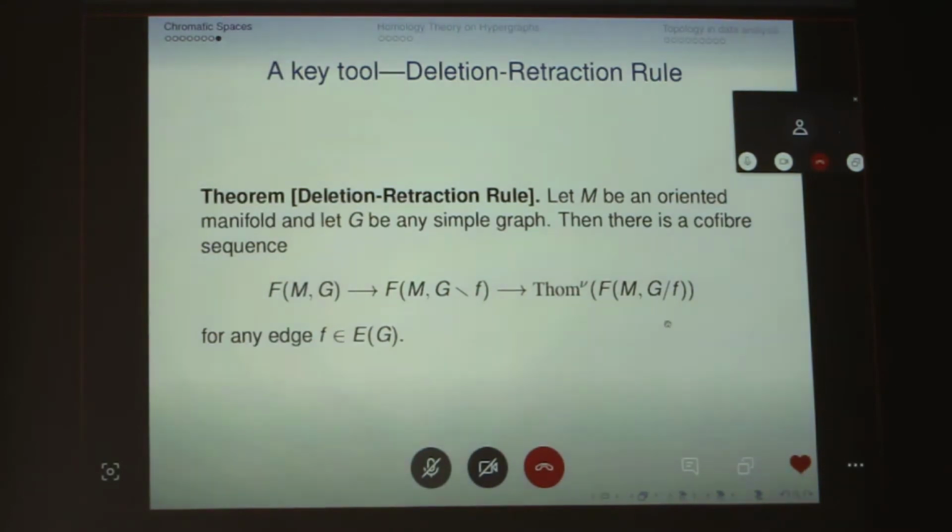And there's a nice geometric property. If you look at the geometric space, assume a graph G, and then you forget the edge F. Say, for example, F is the edge joined by the vertices labeled 1 and 5, right?